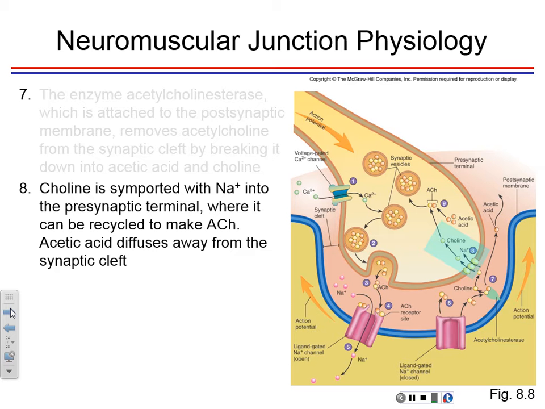So choline is symported with sodium. You see what I'm saying? They move at the same time. So choline moves back into the synaptic knob. And the acetic acid goes into the blood, and then it will come back again in the blood, and then we're now going to reassemble that acetylcholine again.